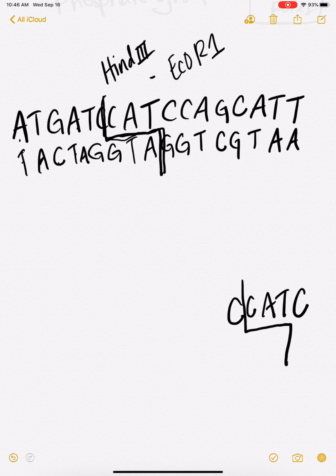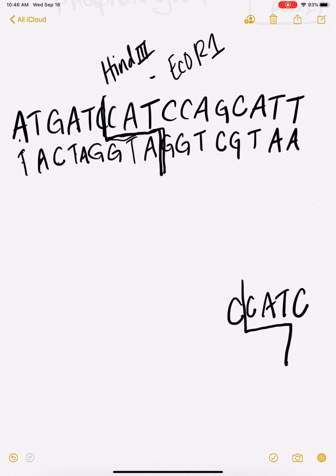And so a strand of DNA is just going to look like these letters all split out. And then the other strand, because DNA is a double-stranded sequence, would be the opposite of those letters.